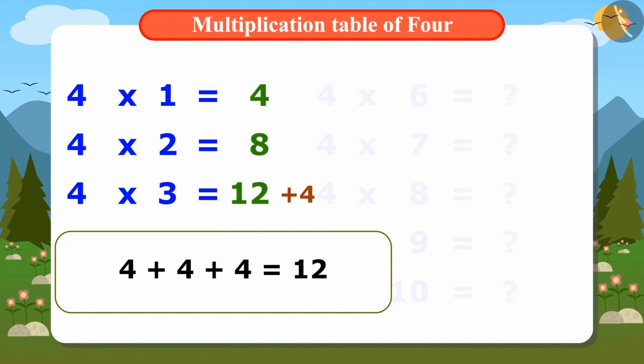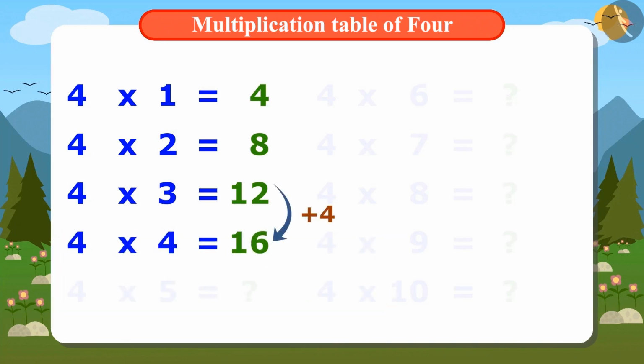Now by adding 4 to 12, we can find out how much we get if we add 4 4 times. Okay, instead of adding 4 4 times, we will add 4 to 12. And the answer will be 16. That is 4 4s are 16.